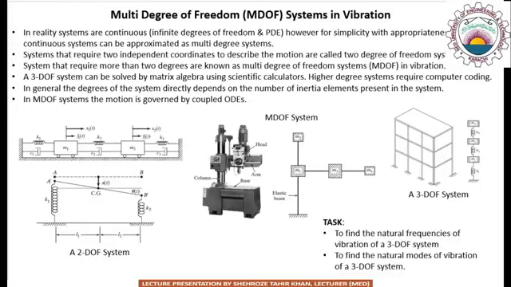So the solution of a multi-degree of freedom system may involve manual calculations if the system is reduced to 2 degree of freedom form.